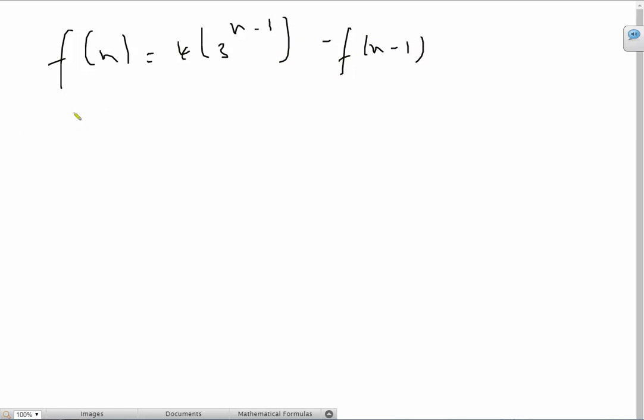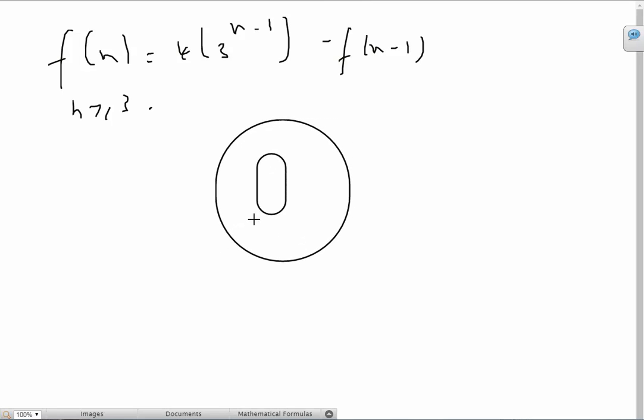There's one thing that we have to clarify. f of n equals 4 times 3 raised to n minus 1 minus f of n minus 1. This expression is only valid for n greater than or equal to 3. And the reason for that is, suppose I have a circle here, and then I have only 2 sections.